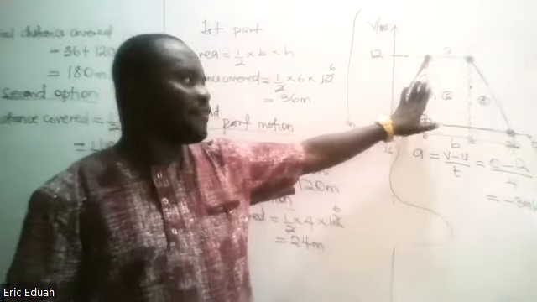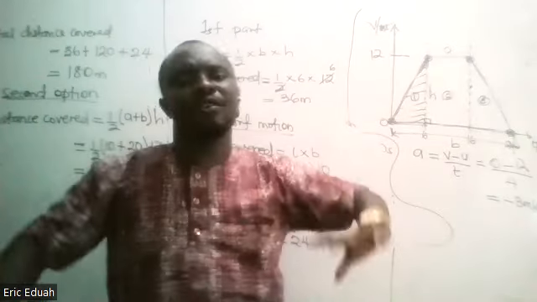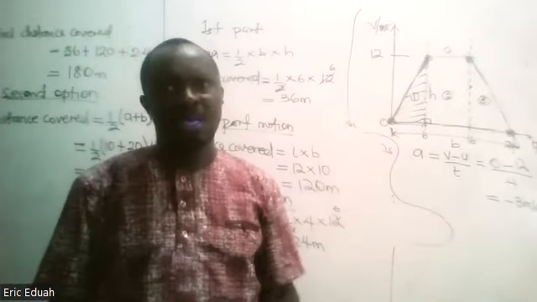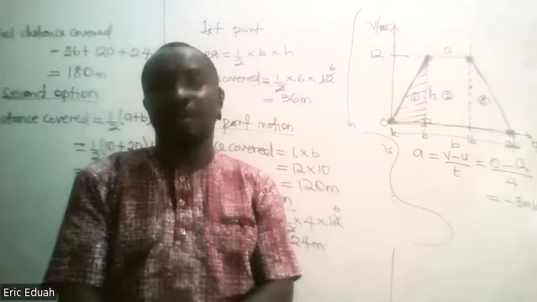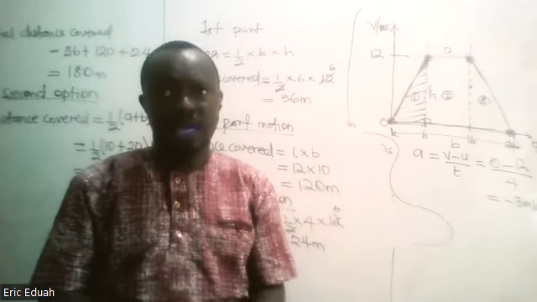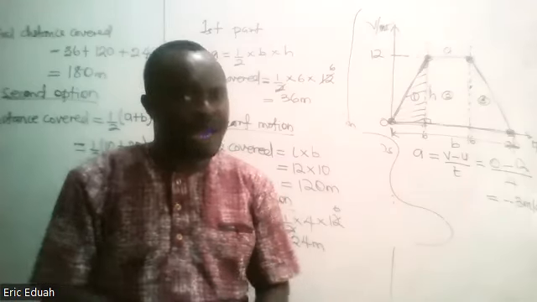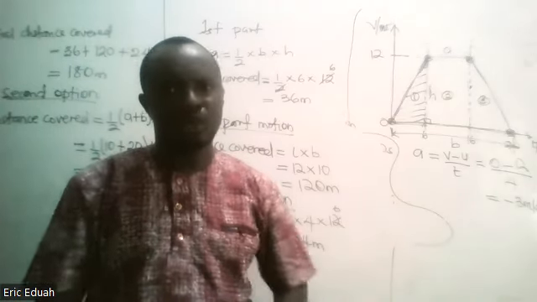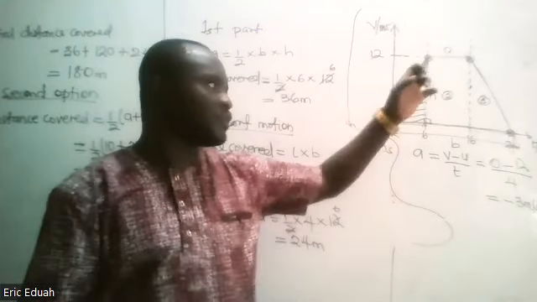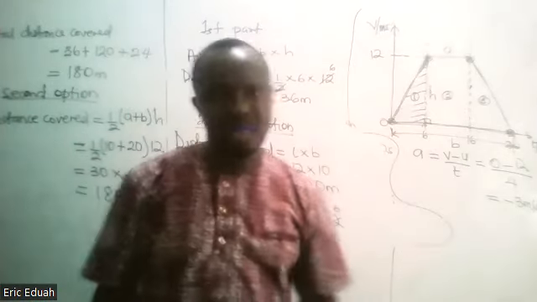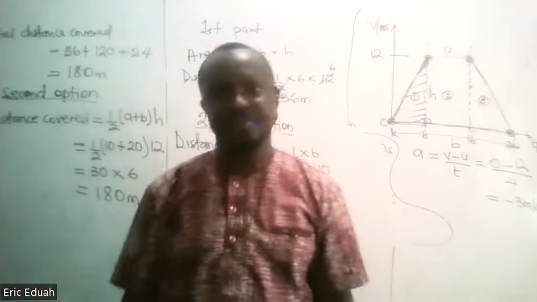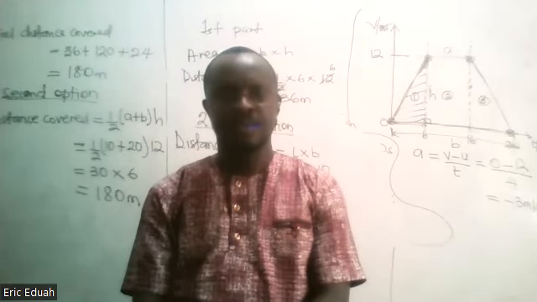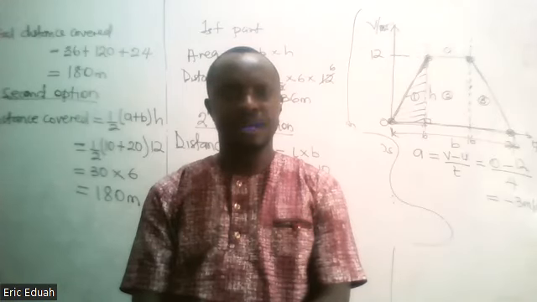Or if what you see gives you a definite shape whose formula can be applied, you use that straight away. This is how to go about it when you have to use the velocity-time graph. Any question?